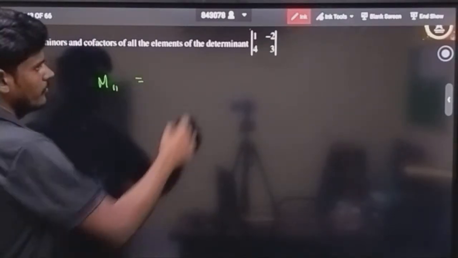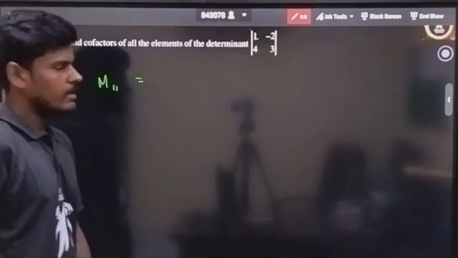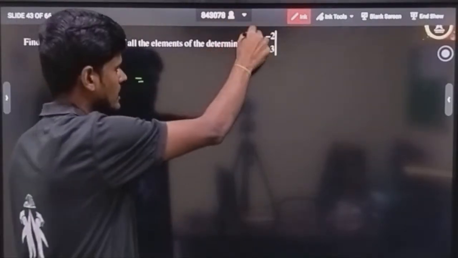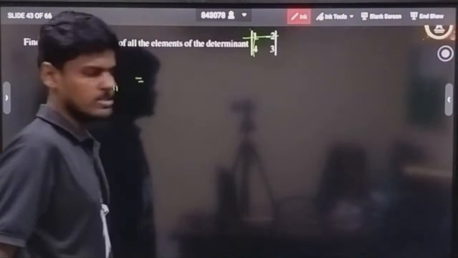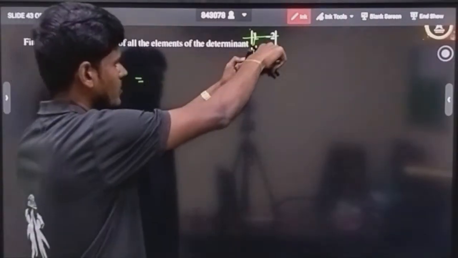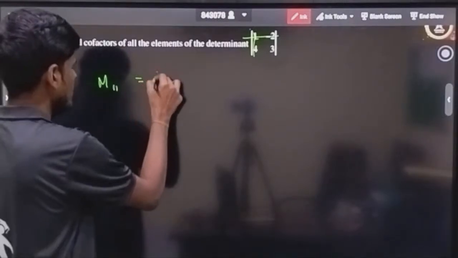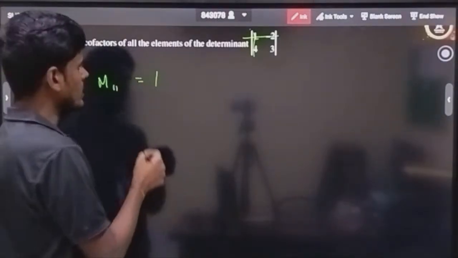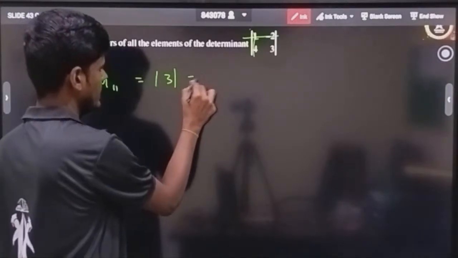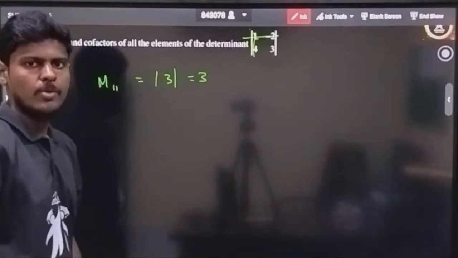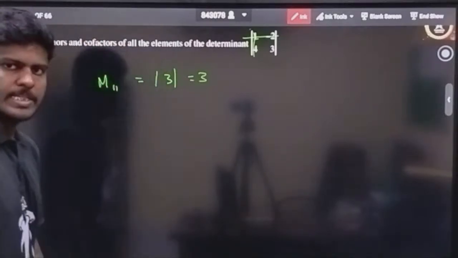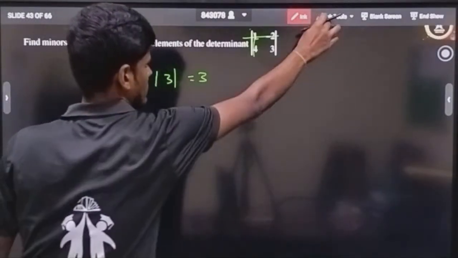Leave this row and column, the first row and first column, and take the determinant of the submatrix, where only one element is there. The determinant of a 1 by 1 matrix is the same number. So here the determinant of 3 is 3 alone. This is how we should find it.